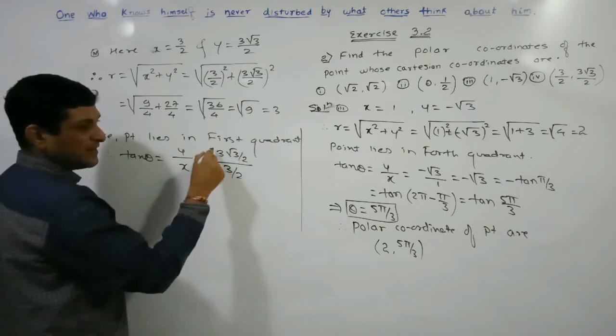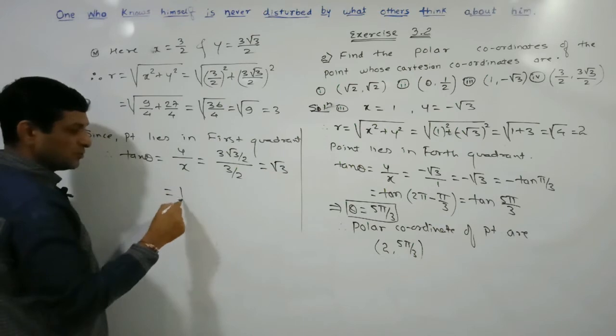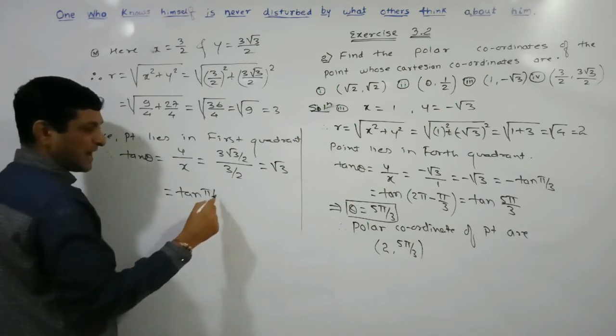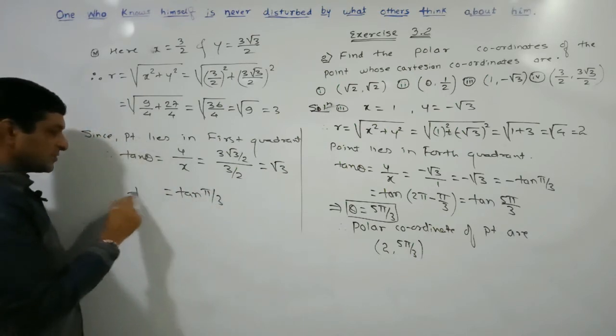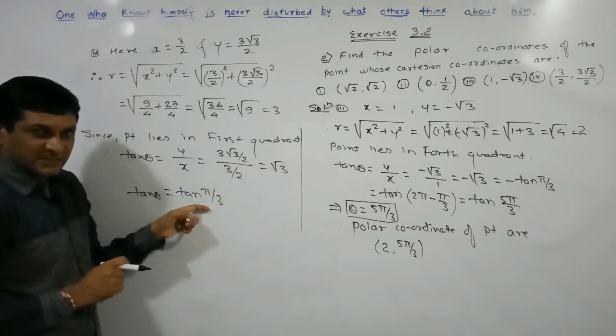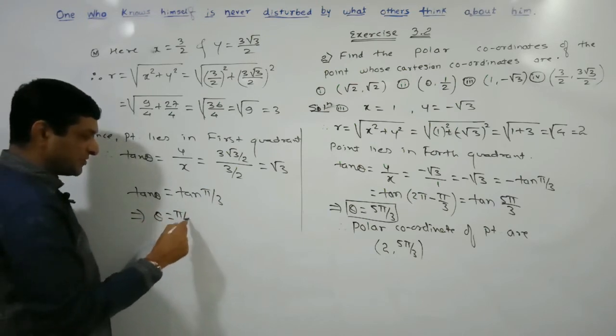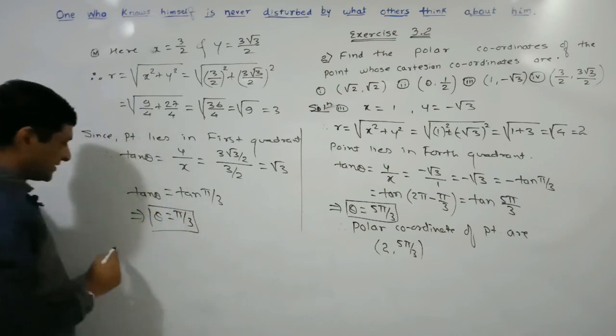So here this 3 by 2 and that 3 by 2 will get cancelled. The remaining term is what? Root 3. But root 3 is nothing but the value of what? Tan pi by 3, means 60 degrees. So tan theta, keep it as it is. Root 3 can be replaced by what? Tan 60 degrees. Comparing both sides we can say that theta is equal to pi by 3. So in this way we have got the value of theta.